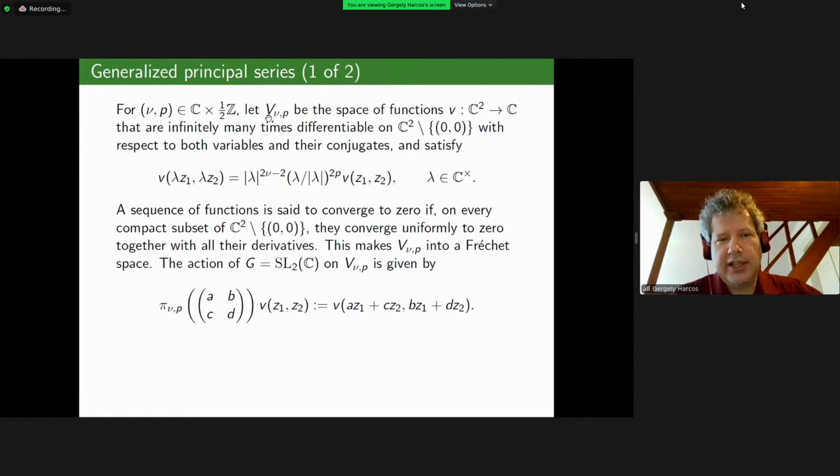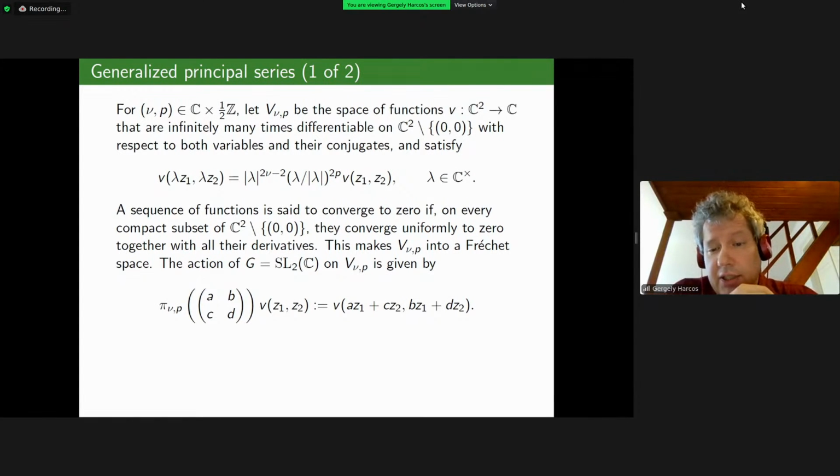And they say, let's take V nu p to be the space of functions in two complex variables that are infinitely differentiable with respect to both variables and their conjugates, at least away from the origin, and satisfy a homogeneity condition as displayed. And then we can put a topology on this space of functions by locally uniform convergence away from the origin, and the same for derivatives.